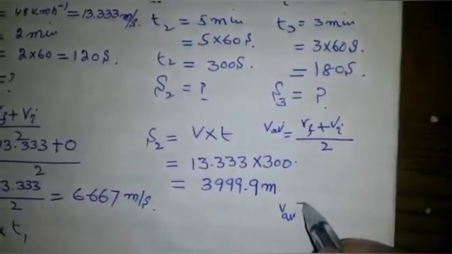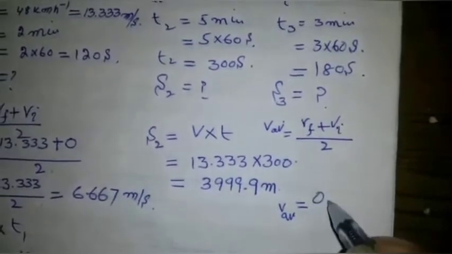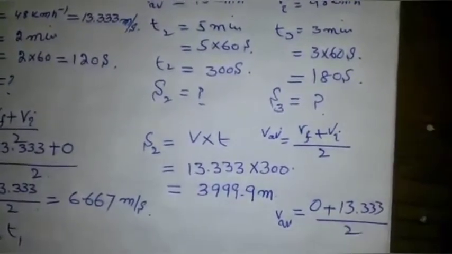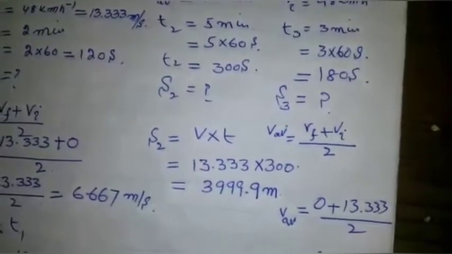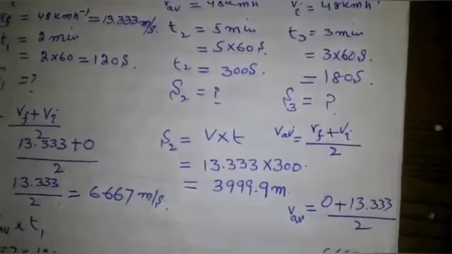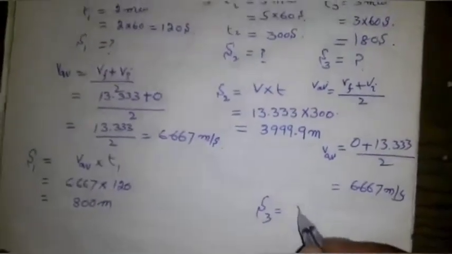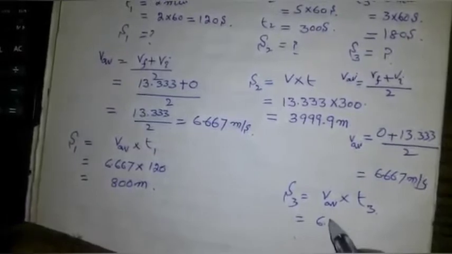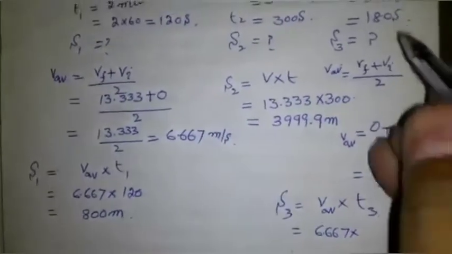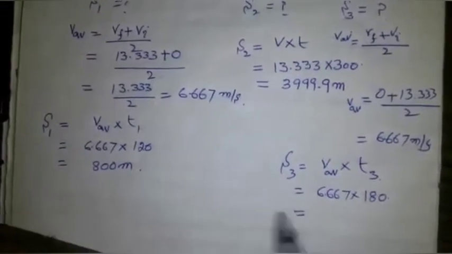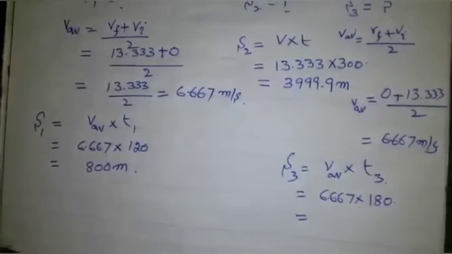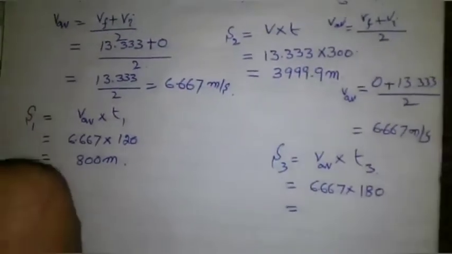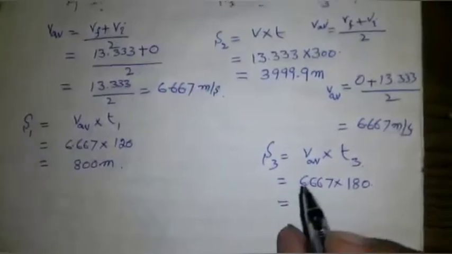V average is equal to Vf is 0 and Vi is 13.333 over 2, which is equal to 6.667 meter per second, and S3 is equal to V average into T3, which is equal to 6.667 into 180.